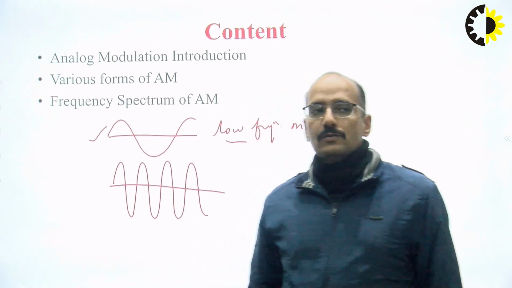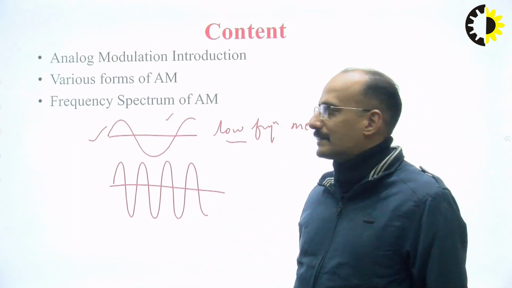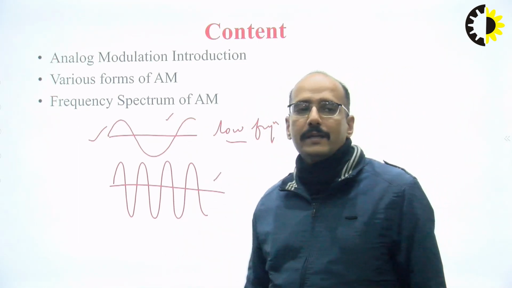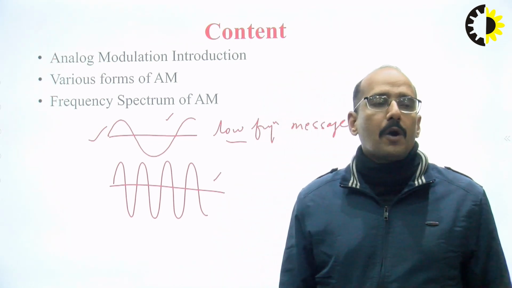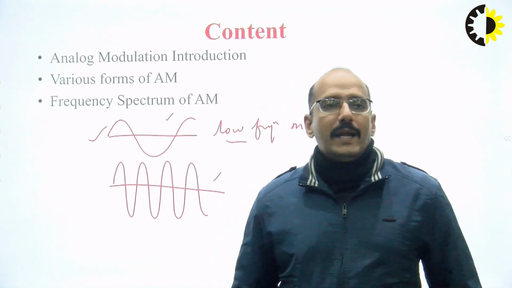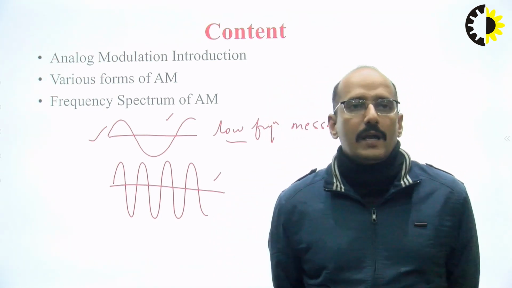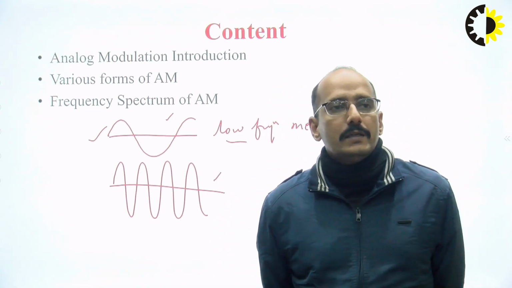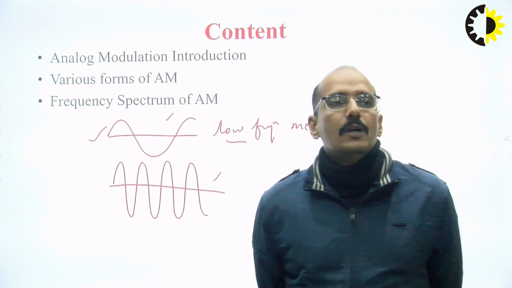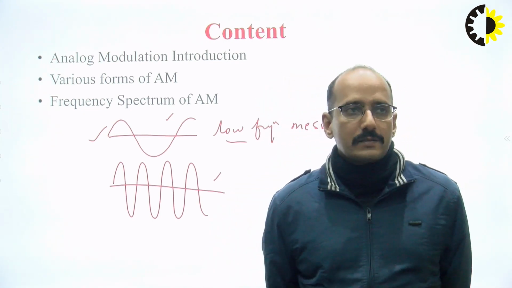When we superimpose this low frequency message signal on this high frequency carrier signal, we get a modulated signal, and that modulated signal having a higher frequency can easily help the signal travel to distant places.